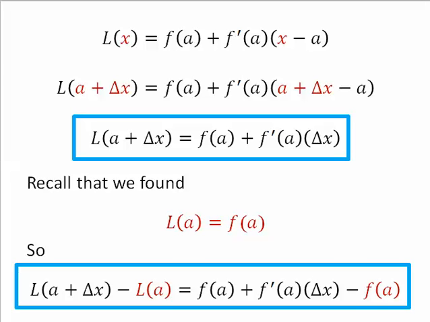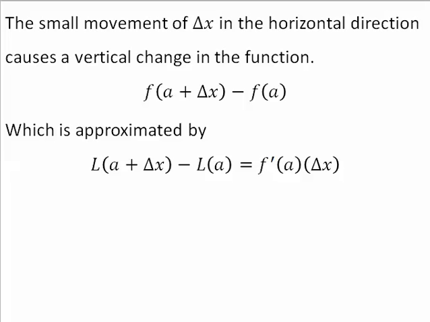All you need to do is just clean up the right-hand side of that bottom equation. The small movement of delta x in the horizontal direction causes a vertical change in the function, which is approximated by the linear vertical change, which we just found to be the slope of the function at A times that little movement of delta x.